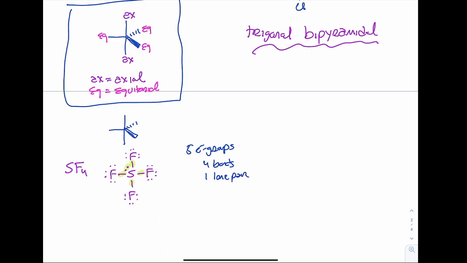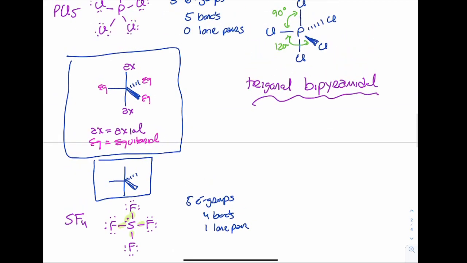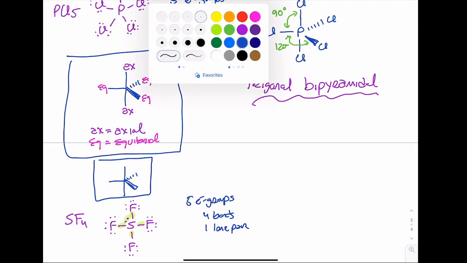So we're going to do something very similar to what we've been doing, right? We're going to take our structure, and we're going to replace one of those bonds with a lone pair. And when we did it with our trigonal planar and our tetrahedral domain geometries, I said it didn't matter. With this one it does, because I do have 2 different types of bond angles, right?